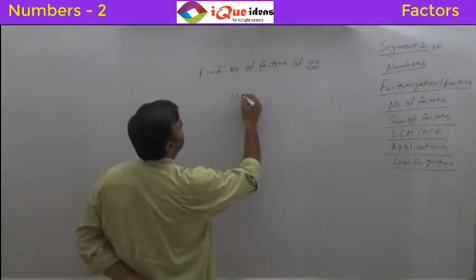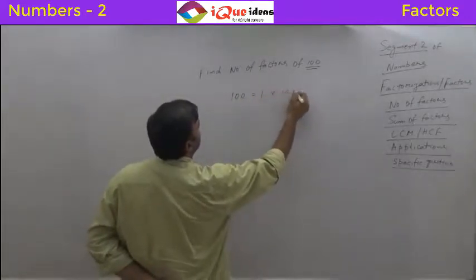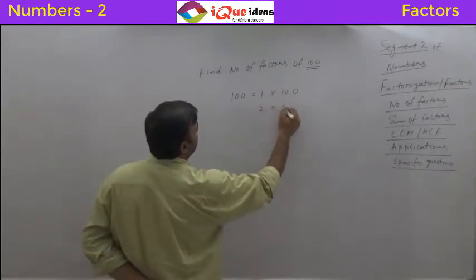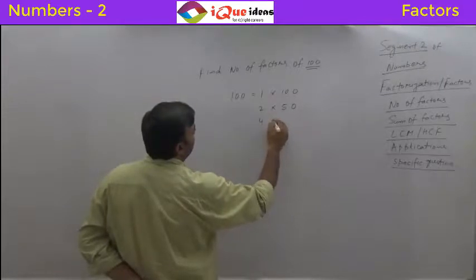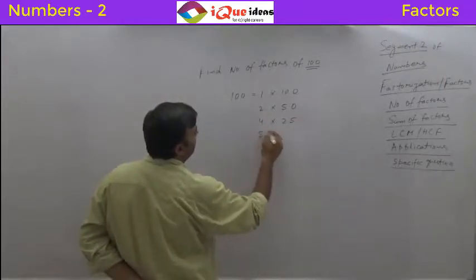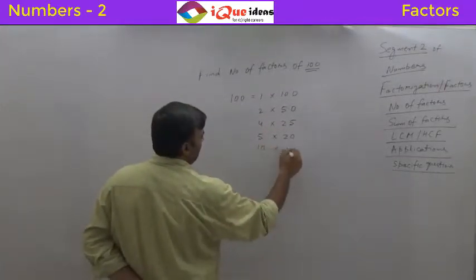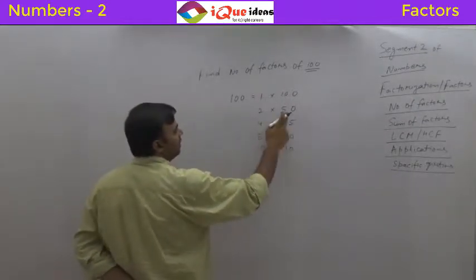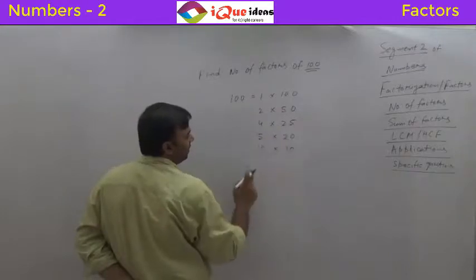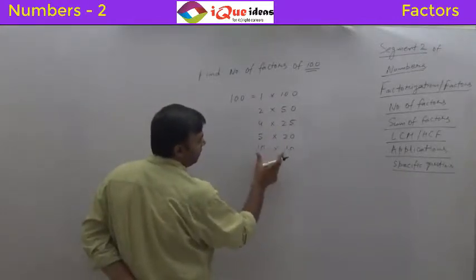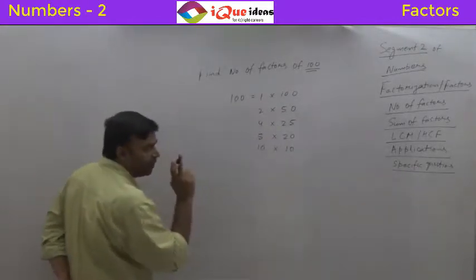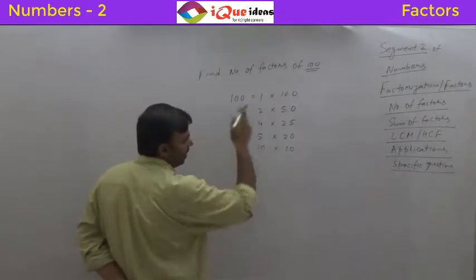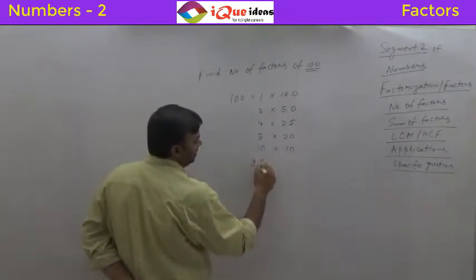Like 100 can be written as 1 into 100, or 2 into 50, or 4 into 25, or 5 into 20, or 10 into 10. So if you count the number of factors, 1, 2, 3, 4, 5, 6, 7, 8. Now these two are same, so we count only 1. So when we count, we have to take only 1 out of these two. So total 8 and 1, 9 factors.